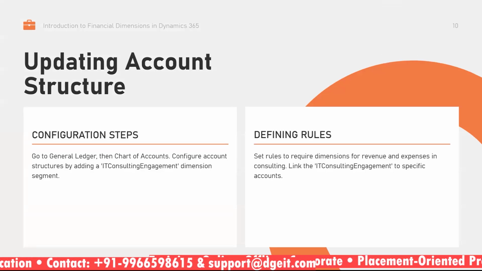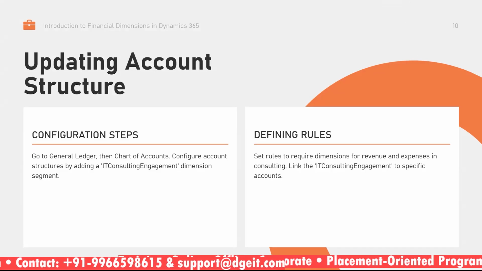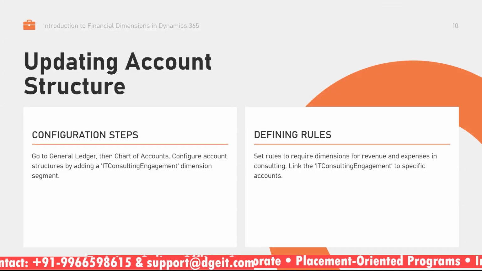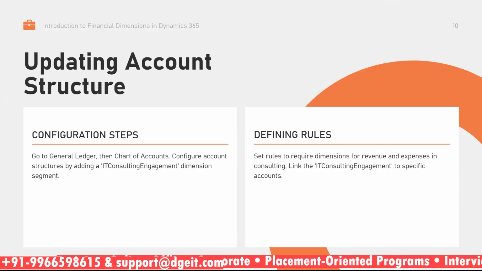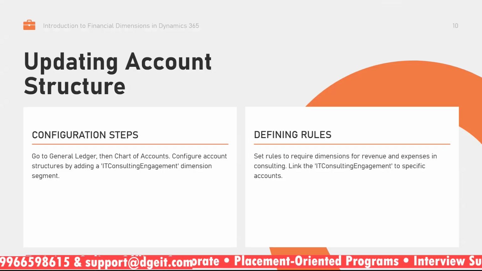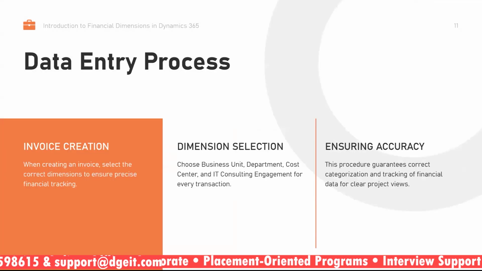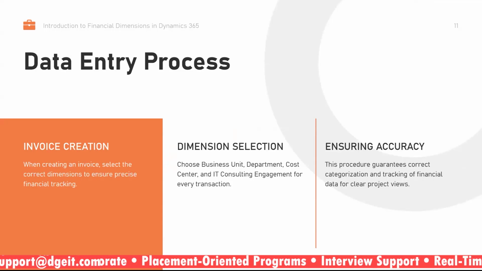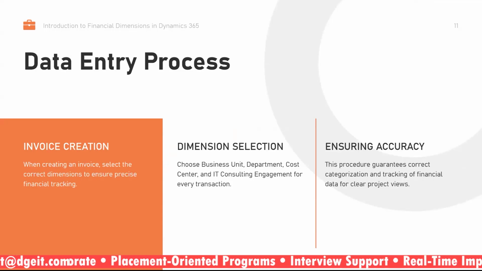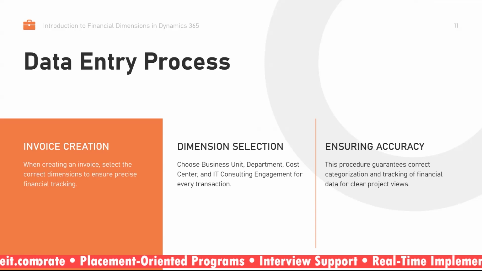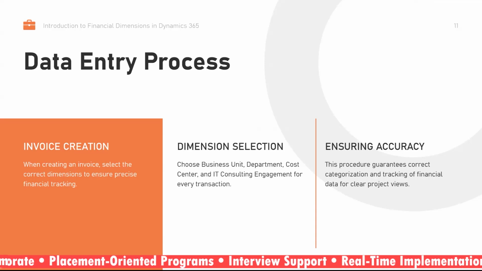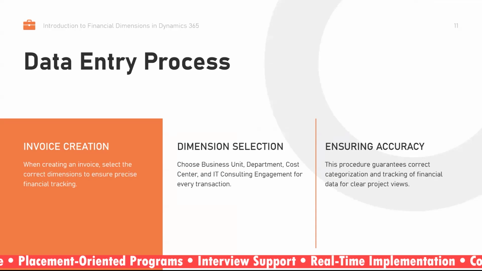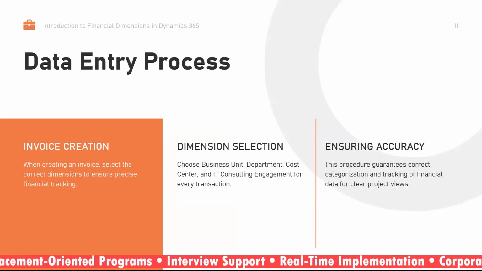And updating the accounting structure is very important, and you have to define rules. Data entry process: when you select a main account, the system should track department, cost center, business unit. If the business unit value is IT consulting, only the related financial dimension must show.